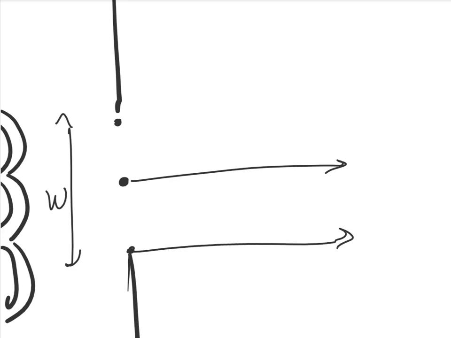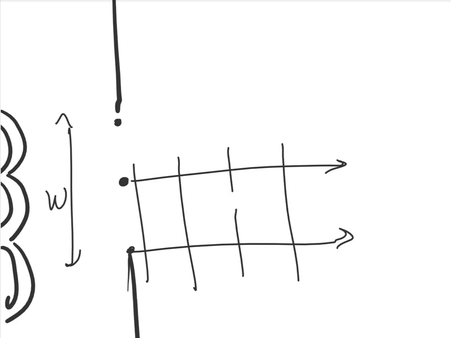Now, the rays emanating from the points at the center and the bottom, we're going to say, are traveling straight ahead. That means they're in phase with each other, and their crests constructively interfere.